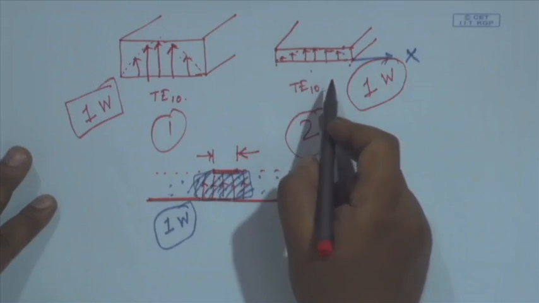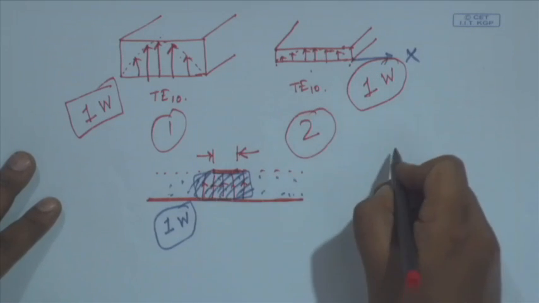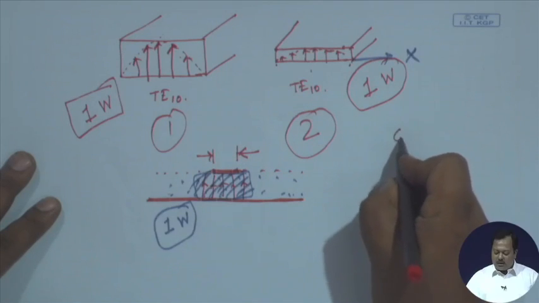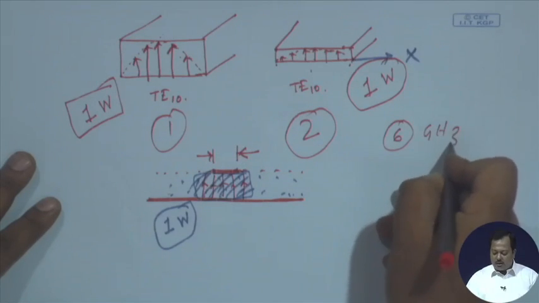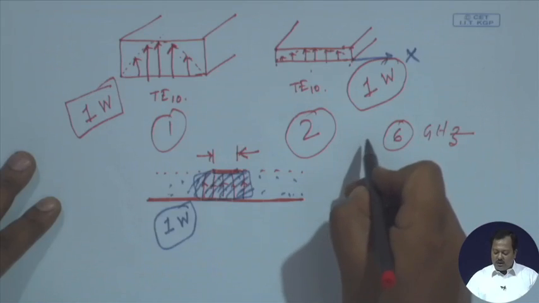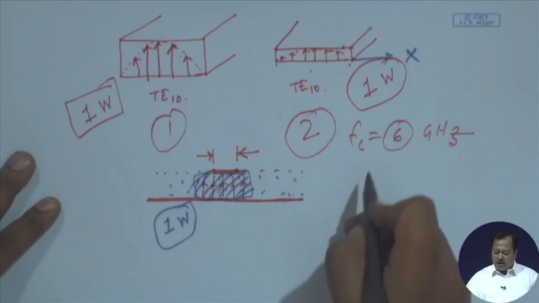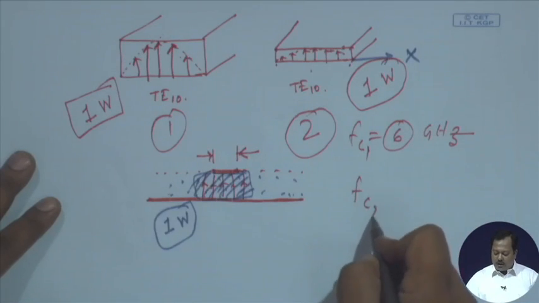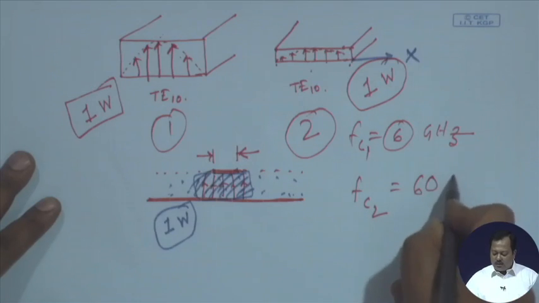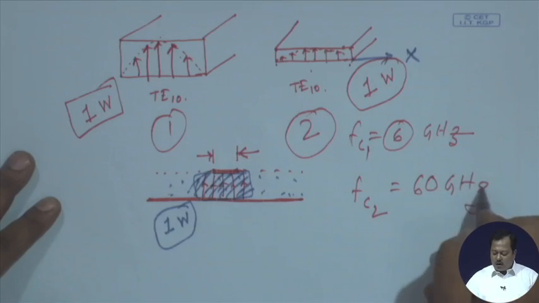So, if I design one rectangular waveguide, let us say at 6 gigahertz, with fc equal to 6 gigahertz in case 1, and in the second case fc is 60 gigahertz, what do we expect?